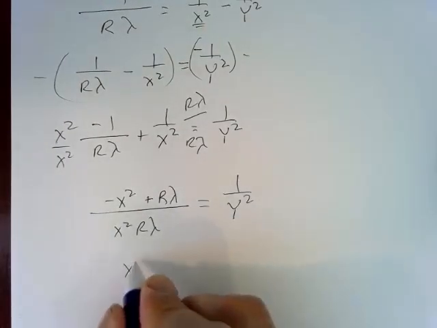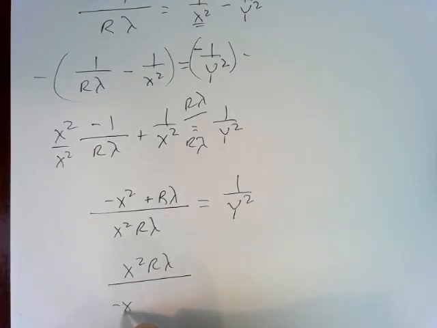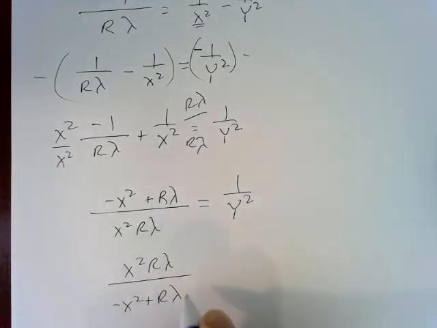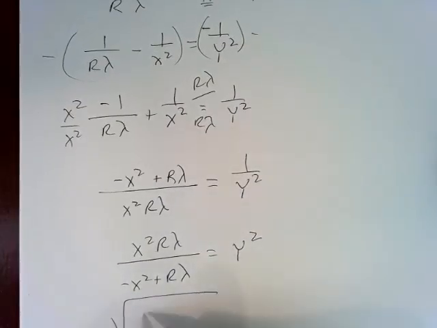Finally, take the reciprocal, we get x squared r lambda over minus x squared plus r lambda is equal to y squared, and then we take the square root, x squared r lambda over minus x squared plus r times lambda.